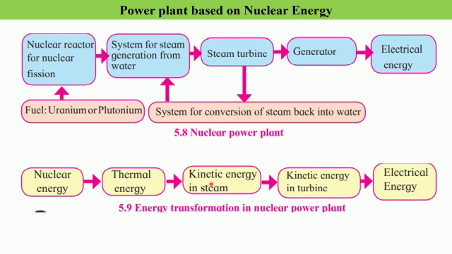This water is converted into steam, and the steam has got kinetic energy, and this steam containing high pressure and at a very high temperature is blown over the steam turbines. These steam turbines then start rotating, hence they also have kinetic energy, and eventually electrical energy is generated. So this is a flow chart which tells us about the energy transformation which takes place in a nuclear power plant.